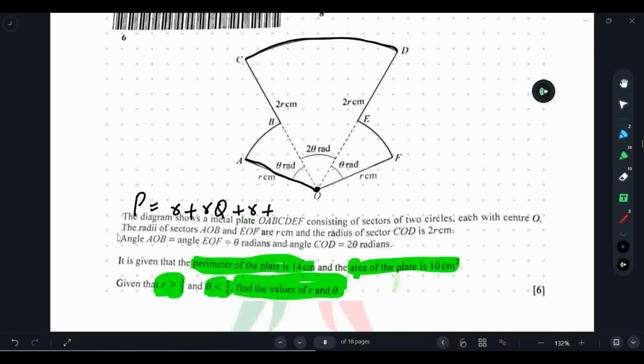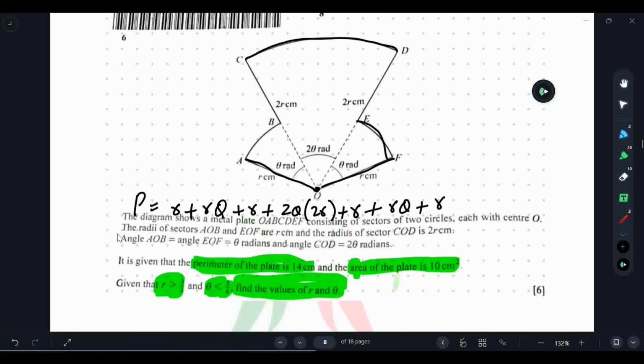The arc length CD will be equal to 2r theta, plus the length of DE. DE is again r, plus the arc length EF. This will be equal to r theta, plus the last length OF.